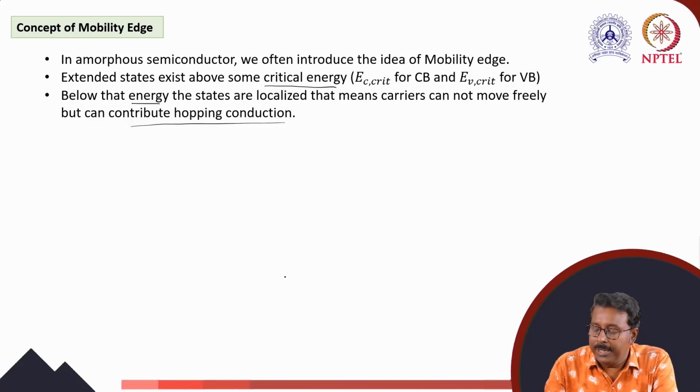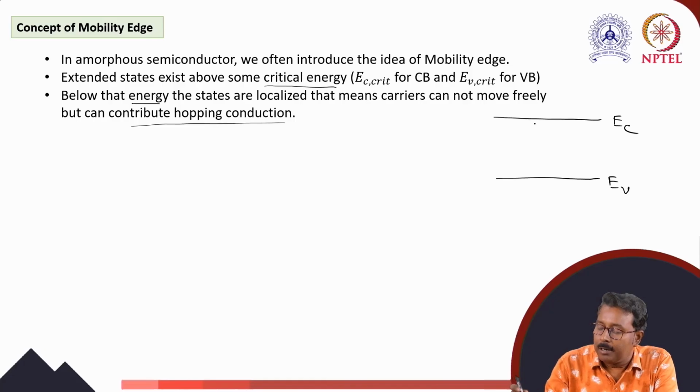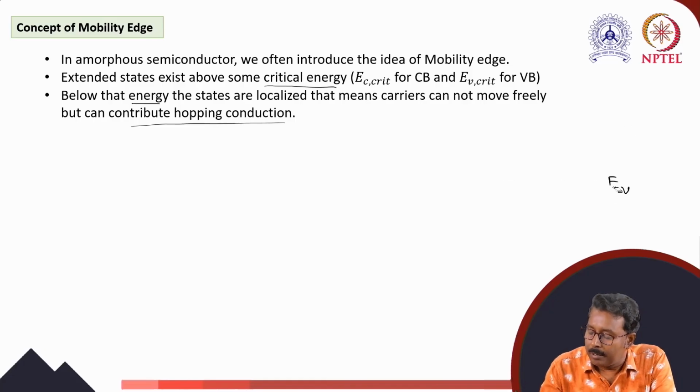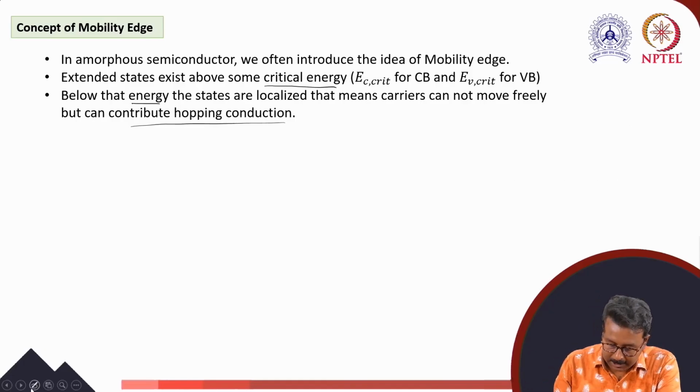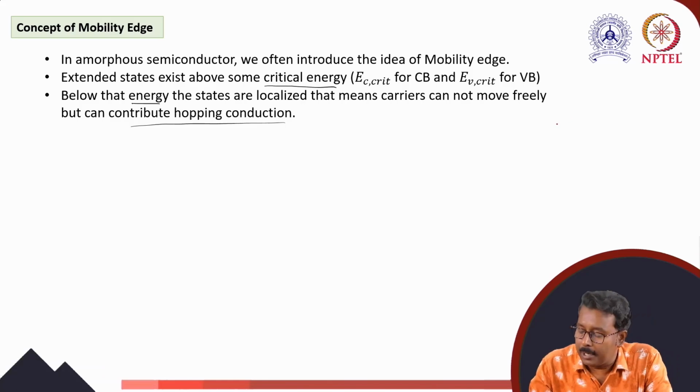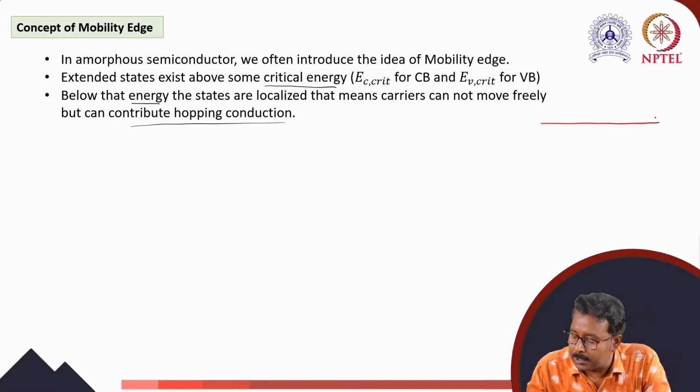That is what I want to say. Suppose you have the band edges, EC and EV. It is better to draw in a red color, red indicating the crystalline nature.